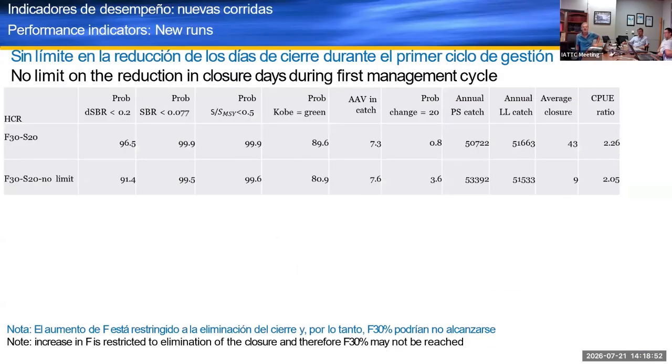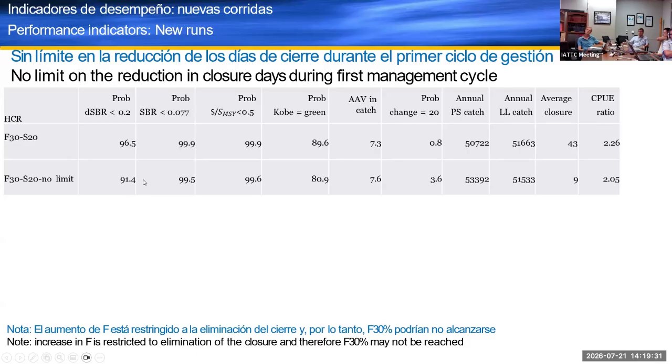To look at that, we ran an analysis where we didn't put a limit on how much the number of closure days could change in the first management cycle. From that, which is the bottom one here, and it's only in the first cycle that we remove the limit, you can see that the performance of that particular harvest management procedure is very similar to the one where we had the 10-day limit on it.